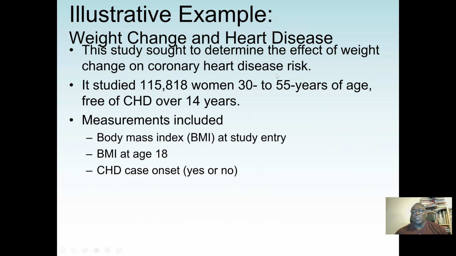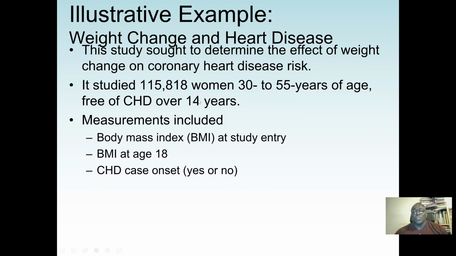So sometimes we can see there's an association or relationship between the weight of a person and maybe his risk of having a heart attack or something. So here we say studies of 115,818 women between the ages of 30 to 55 years were free of CHD, which is the coronary heart disease, over 14 years.